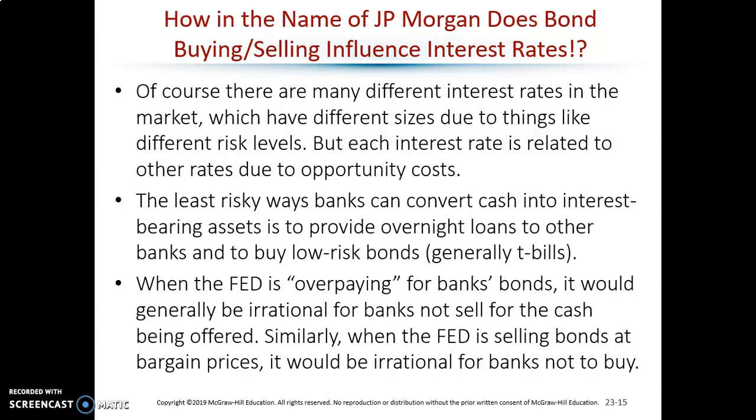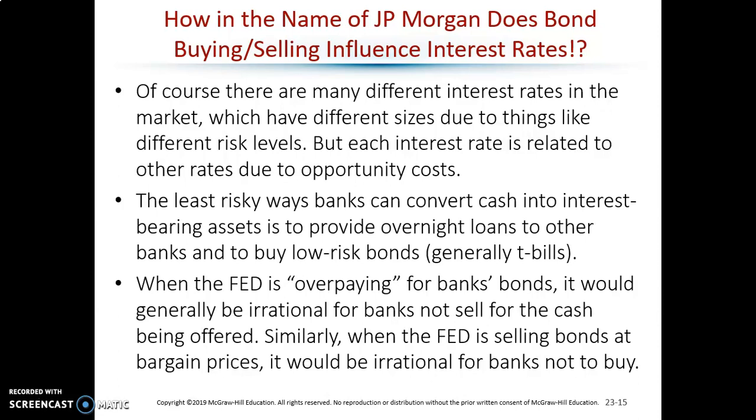And then when you think about interest rates, well, hang on a second. There's the interest rate on an auto loan. There are different interest rates for different borrowers. There's an interest rate on a mortgage. There's an interest rate on a credit card, on a student loan, on all sorts of loans in the market. They're different numbers.